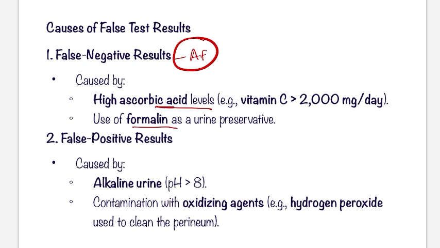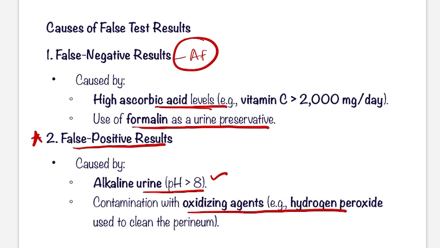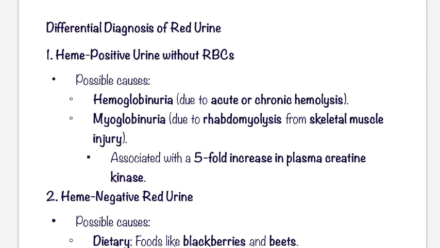If ascorbic acid is there and formalin as a preservative, you will find no hematuria in the sample. If there is no hematuria and you are finding hematuria in the test, this is false positive. Just reverse this. Alkaline urine causes false positive, and oxidizing agents like hydrogen peroxide exposure produce false positive results.